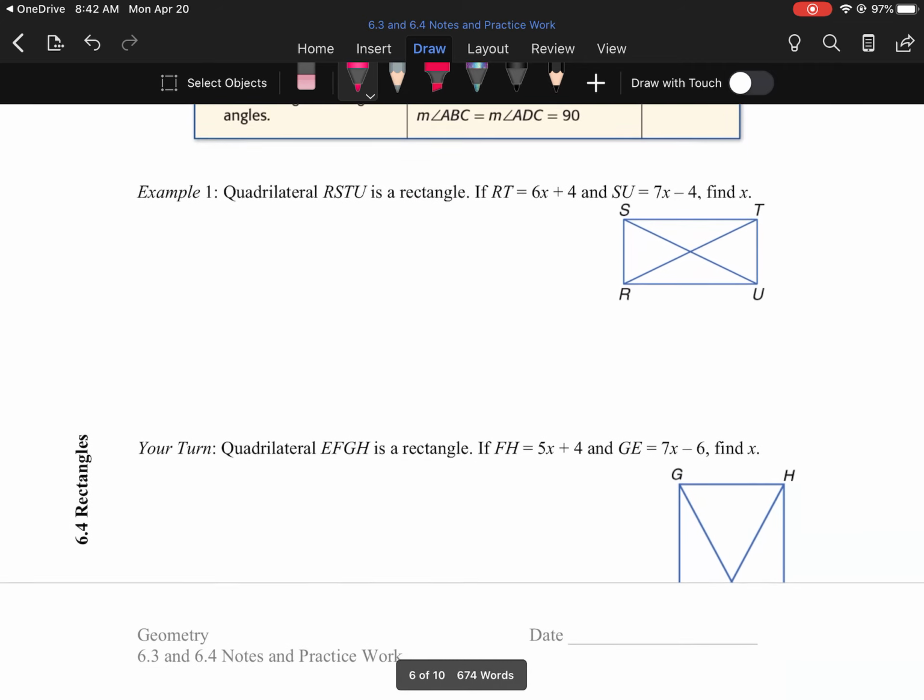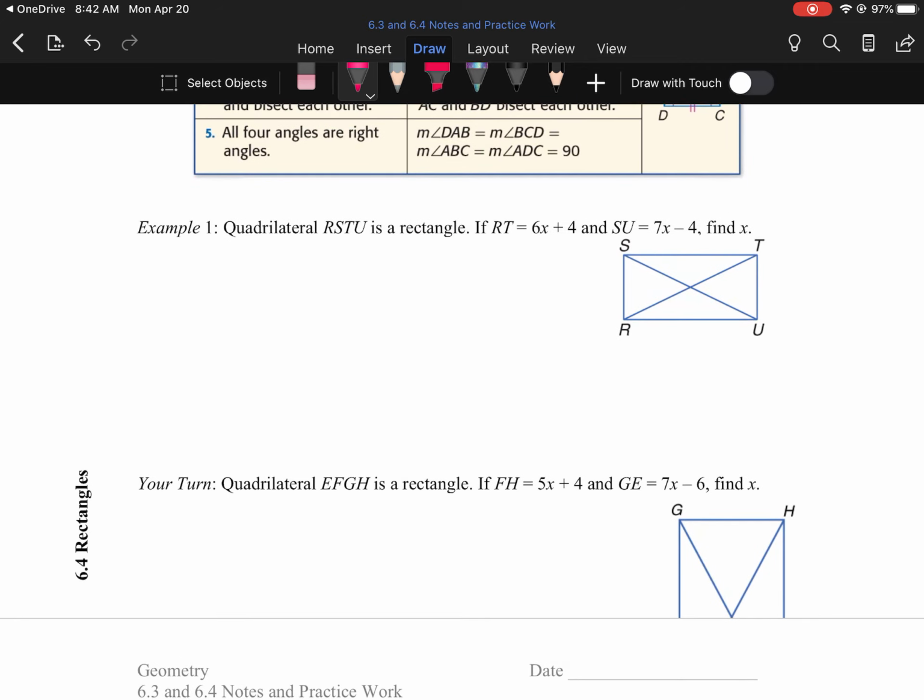All right, so we just have a lot of algebra here today. Our first example says quadrilateral RSTU is a rectangle. So they're telling us that, so we know all those facts we just learned are true. If RT is equal to 6x plus 4, that's the diagonal, and SU, the other diagonal, is 7x minus 4, we have to find x.